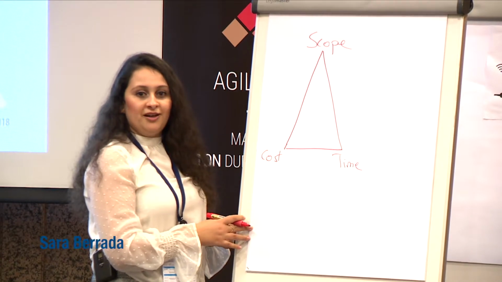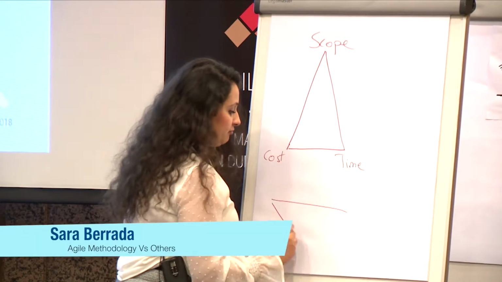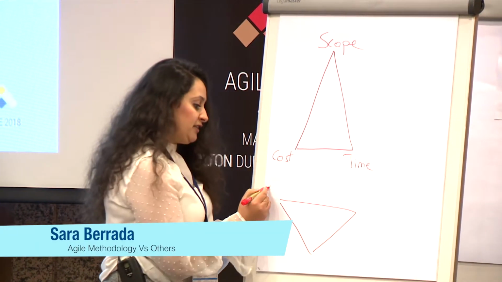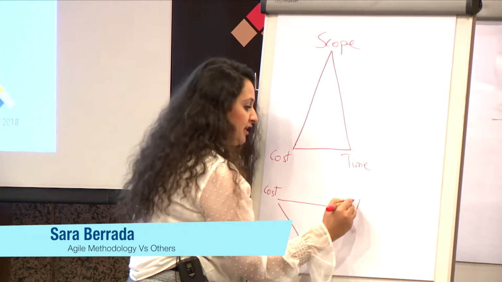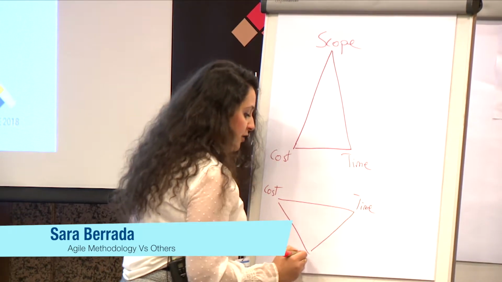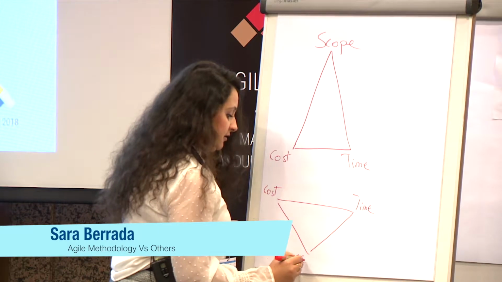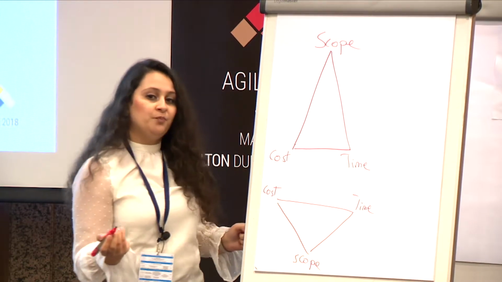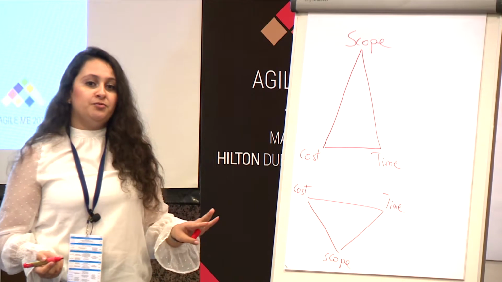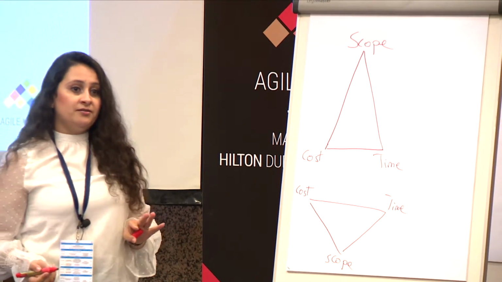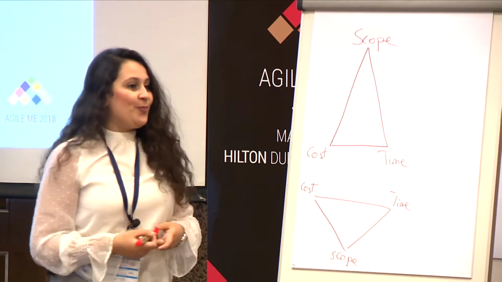While Agile is an upside down triangle in which we have a fixed cost and fixed timing, and then we end up with whatever the project delivers, which is the scope. So this is the main difference between Agile and other methodologies. So thank you.